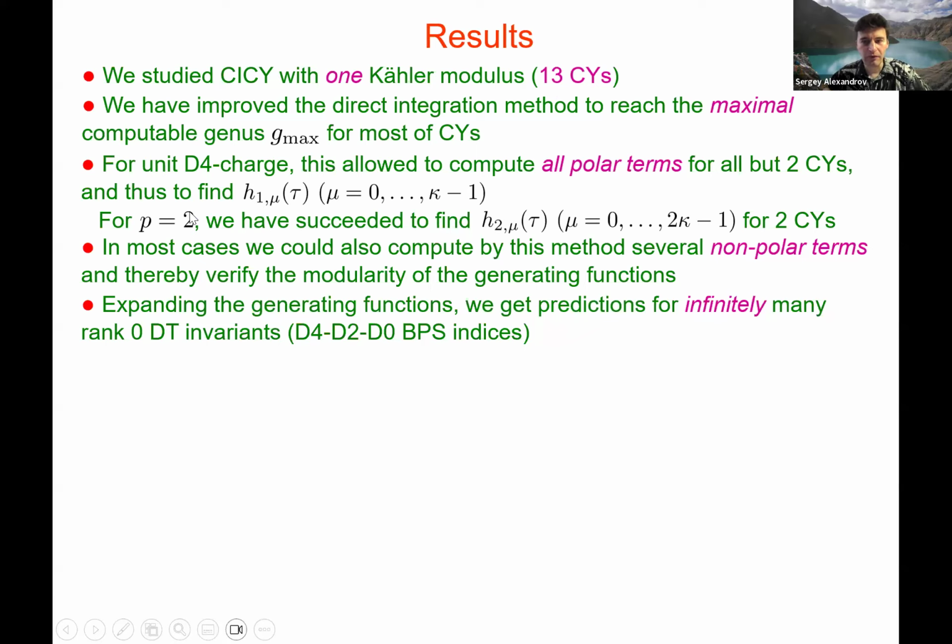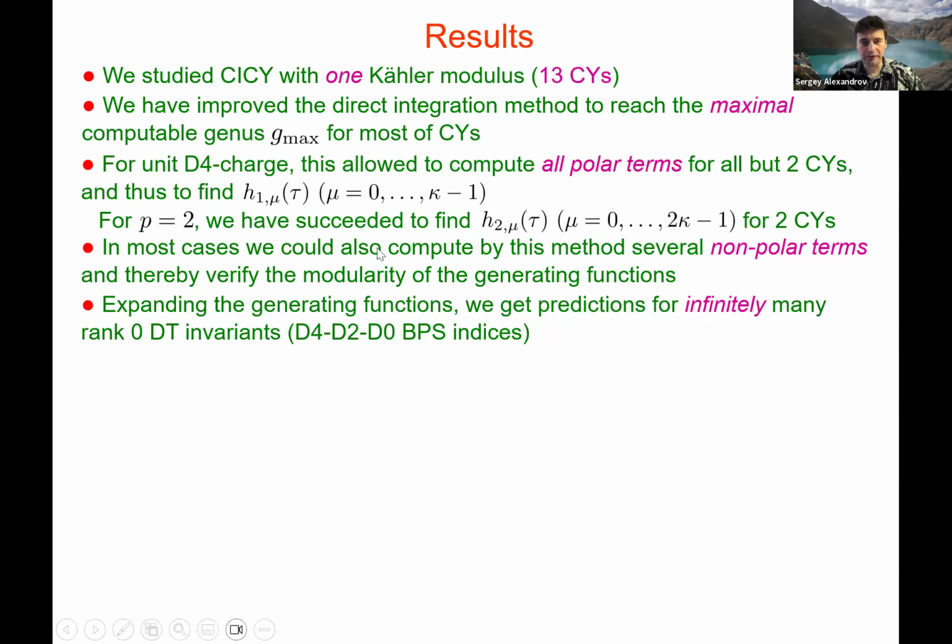And moreover, for 2 of them, we managed to also compute the case of D4 brane charge equal to 2. Whereas these guys are usual modular forms, these guys, H2, I recall, are already mock modular forms. And I believe this is the first example of a mock modular form associated to a Calabi-Yau without any specific internal structure, like, for example, elliptic fibration.